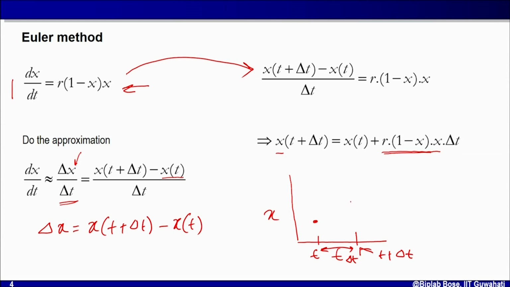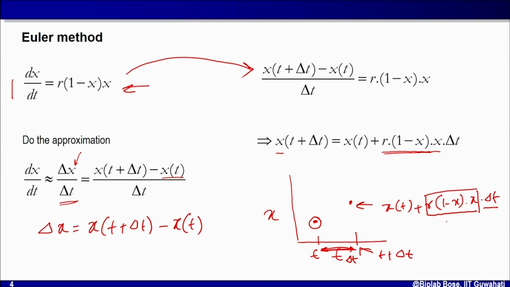I will be somewhere here, and this value is x at time t, plus r into (1 minus x) into delta t. Delta t is this distance, the change in time. We call it time step. So delta t is the time step. So remember, r into (1 minus x) and x is coming from the differential equation that you have written.